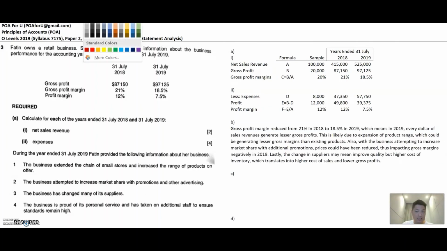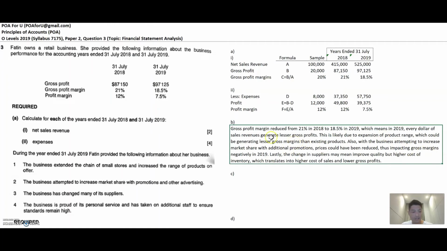So these are the answers that I've drafted. Margins have fallen. It means that every dollar of sales revenue generates less profits. So product expansion, less gross margins on maybe the new products versus the existing products, like I mentioned earlier, and also increased market share. You want additional promotion, so prices would have reduced.